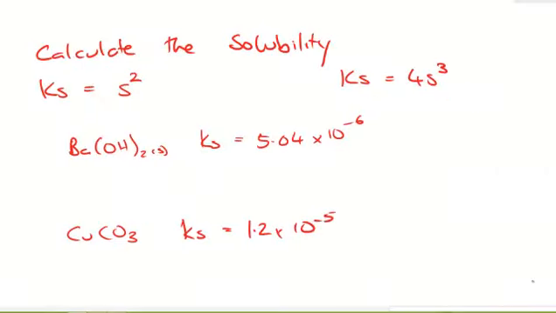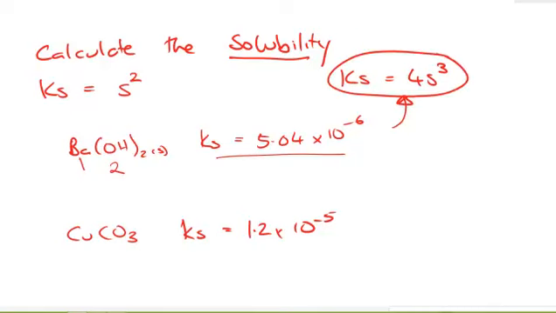Now the second kind of calculation is if you're asked to calculate the solubility. And again, you've just got to recognize is it a 1:2 or a 1:1 ratio. Now in this case, obviously it's a 1:2 ratio. And as Ks equals 5.04 times 10 to the negative 6, you're going to use Ks equals 4S cubed, which means you've got to divide this number here by 4 first and then find the cube root.